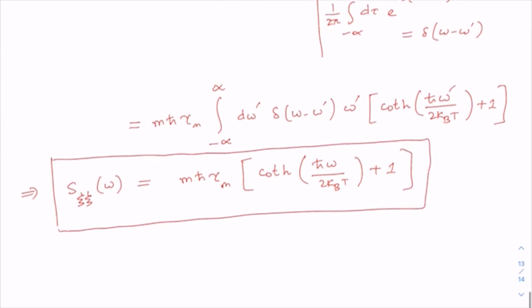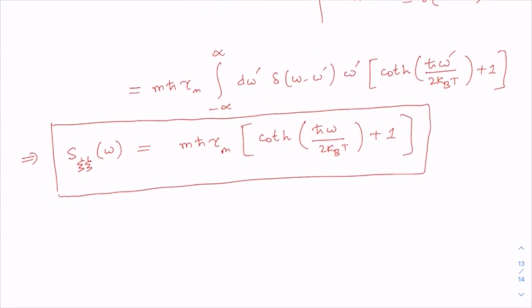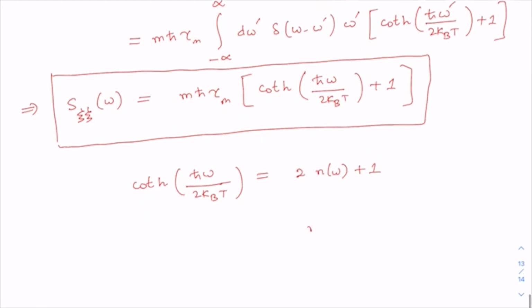Sometime back we saw that this coth of h cross omega by 2 kB T can be written in terms of the average number of phonons as 2 n of omega plus 1. Just recall that n of omega is nothing but the average number of phonons, given by 1 by e to the power h cross omega by kB T minus 1.